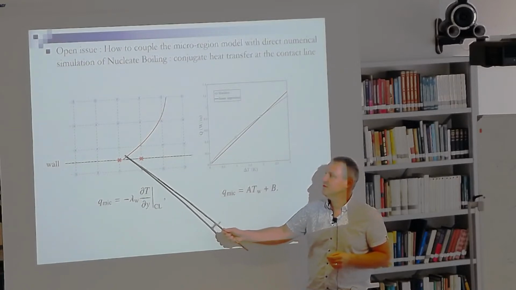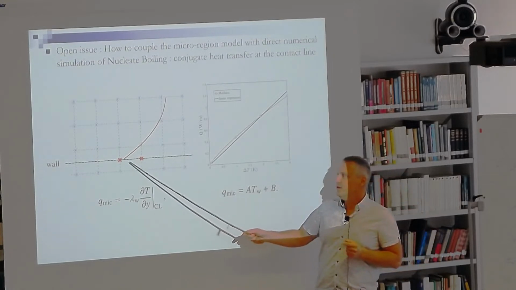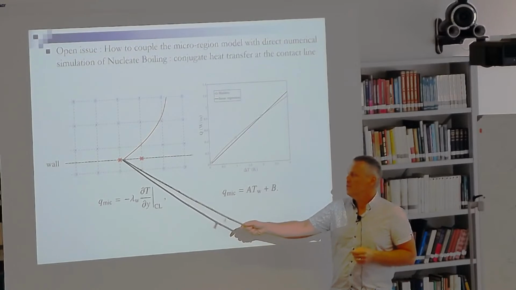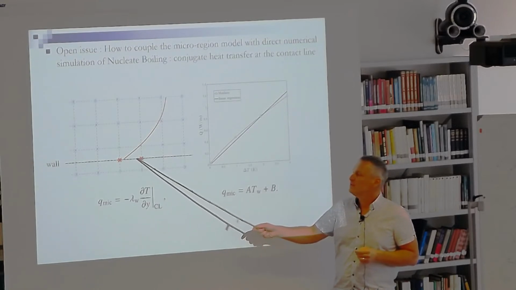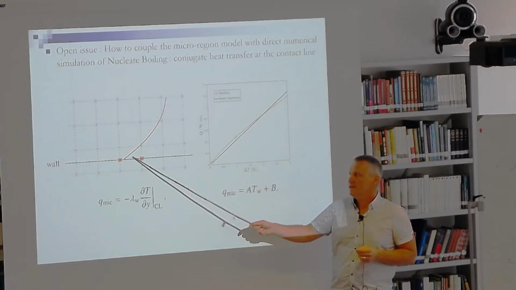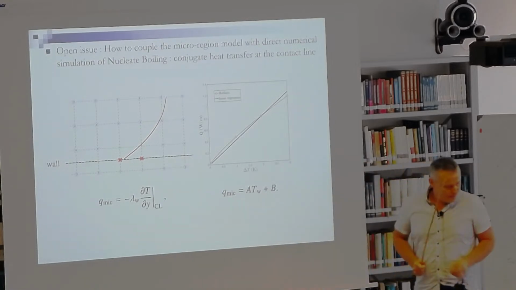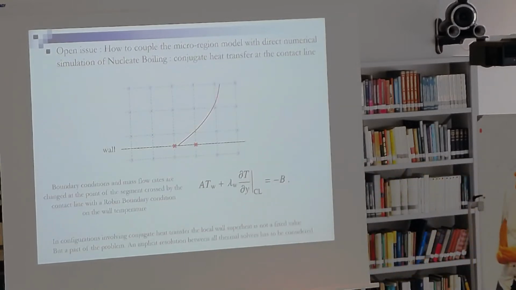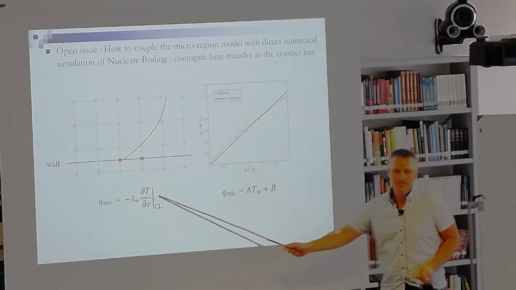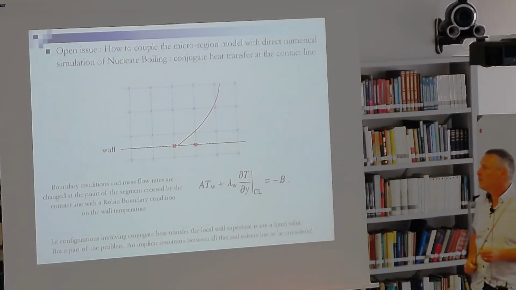It is just a small part of this cell. And we have to impose the continuity of the heat flux, which is provided by the microregion solver, with the heat flux that will be sent from the liquid to the solid. And finally, what we observe is that if we equate both relations, we simply have a Robin boundary condition on the temperature.